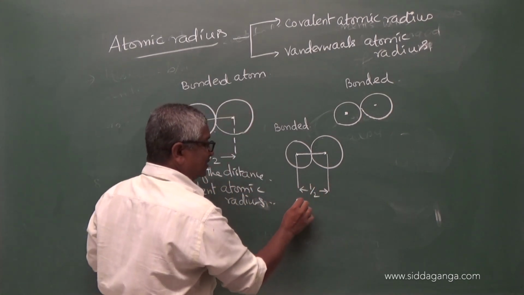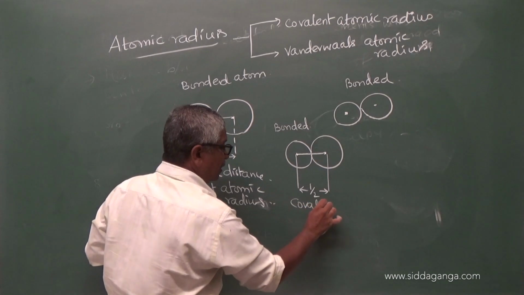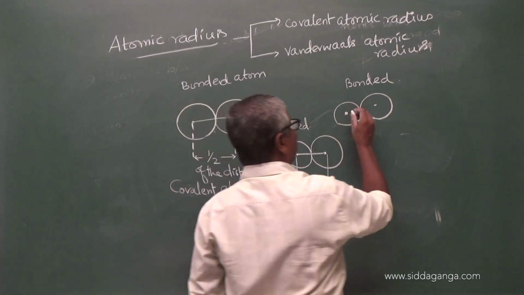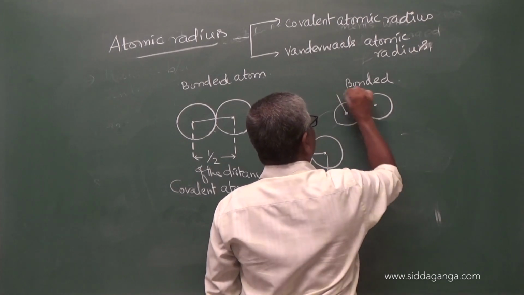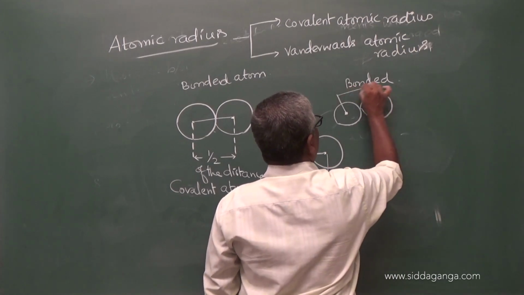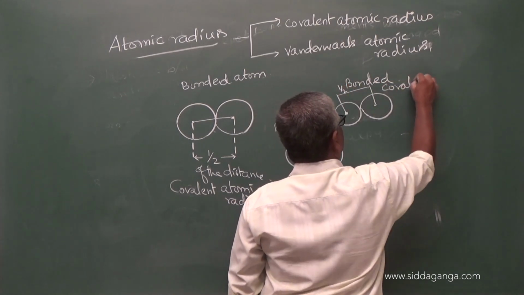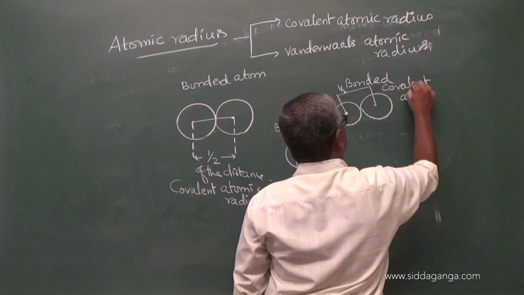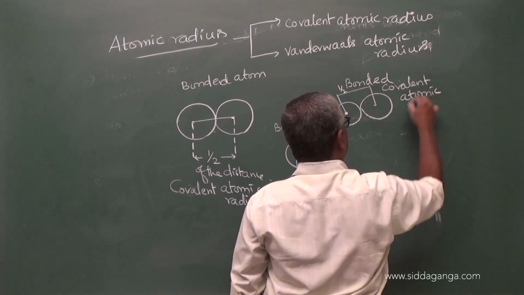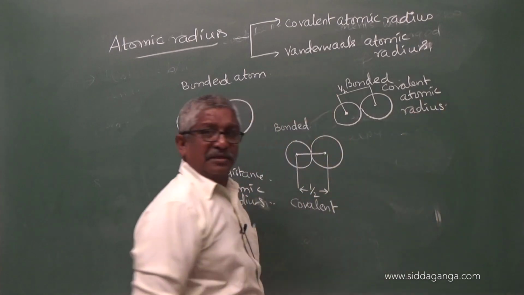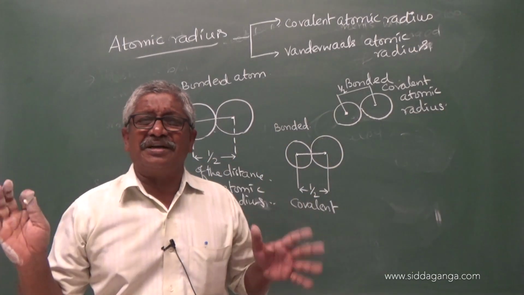This is called covalent atomic radius, and here also half of the distance. This also is covalent atomic radius. Then what is called van der Waals atomic radius?